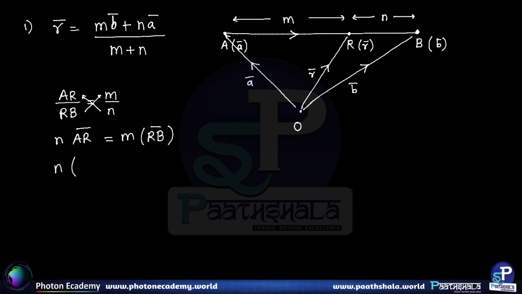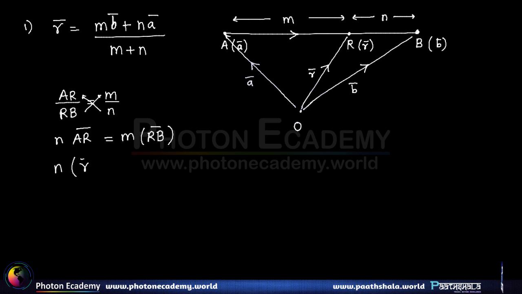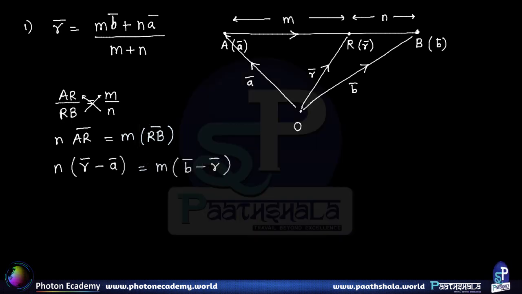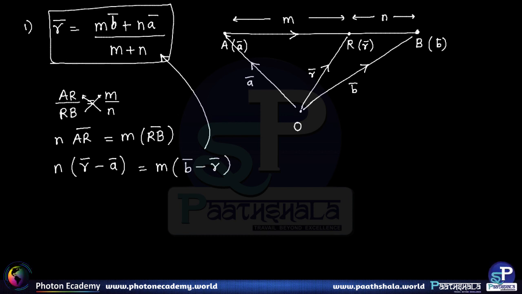Now that means AR can be written as r bar minus a bar. Remember, any vector joining 2 points can be expressed as a subtraction of their respective position vectors, that is final minus initial, and RB can be written as b bar minus r bar. So therefore on solving and simplifying we can get the required expression. So that is how the section formula is proved.